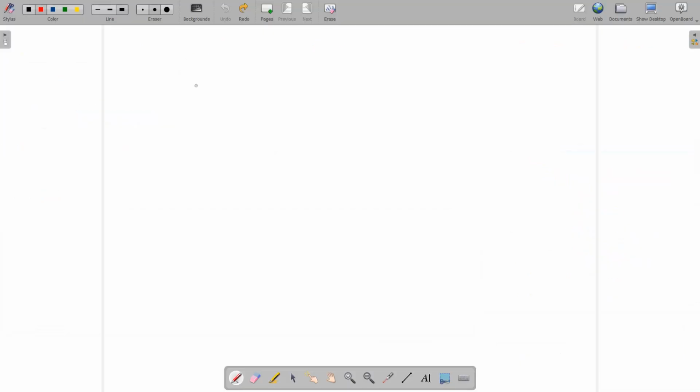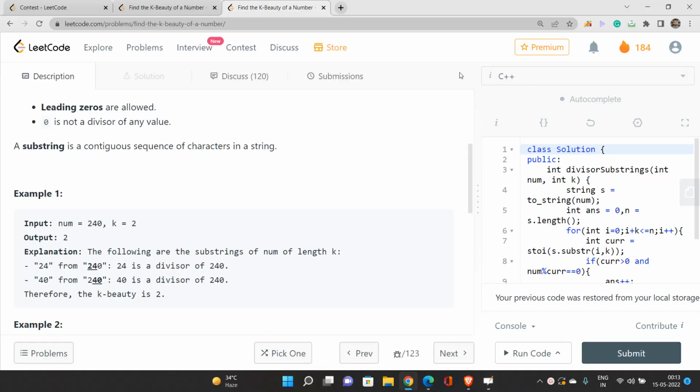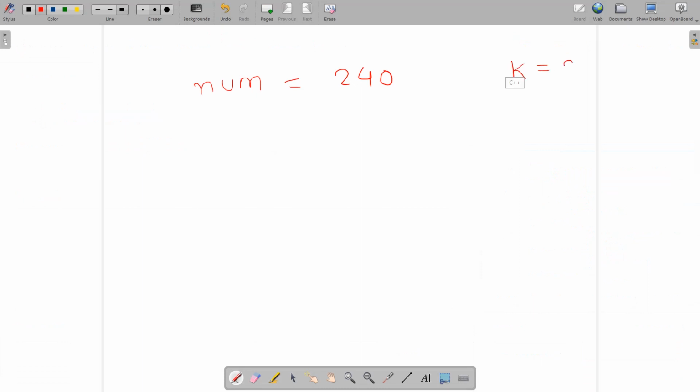Suppose the input integer num is 240, and we are going to consider the substrings of length 2. So you are going to have 24 and 40.